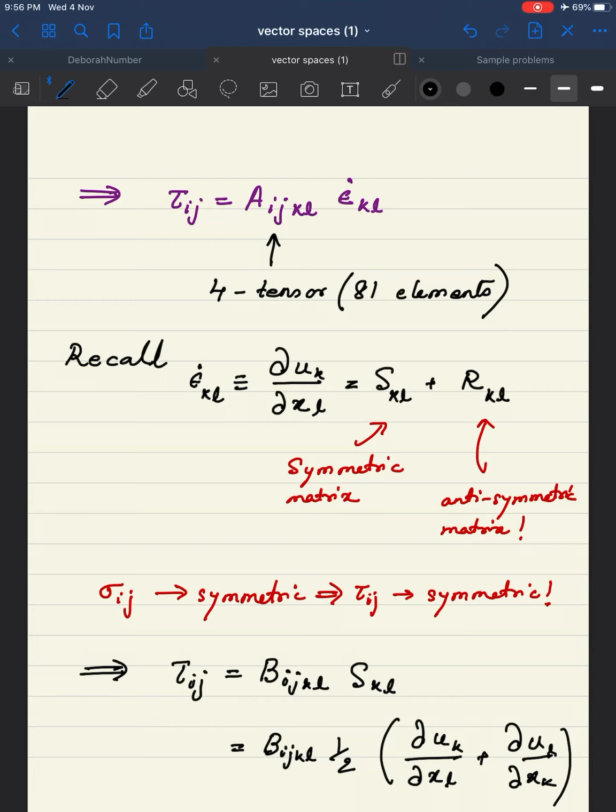Okay, so this is how the stress tensor has to be related to the strain tensor.